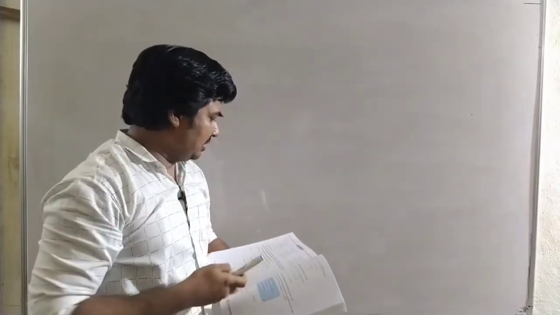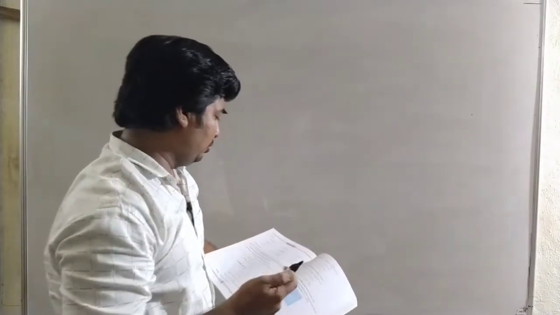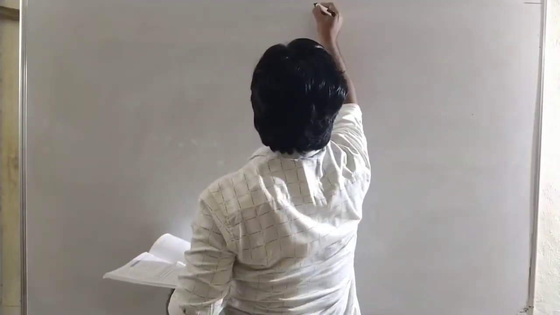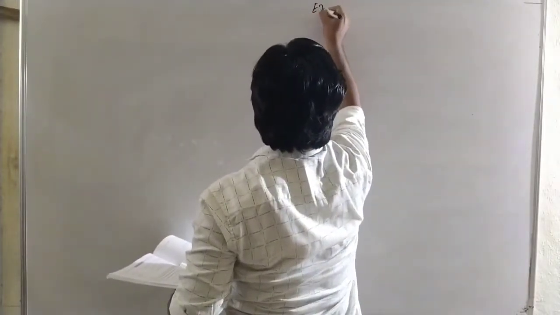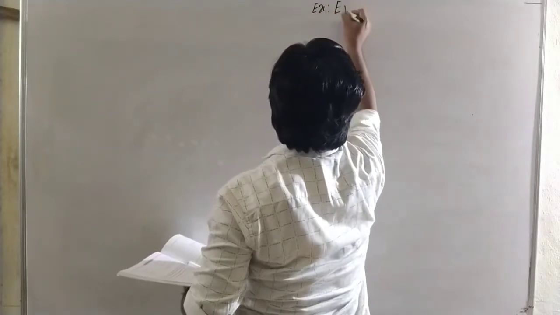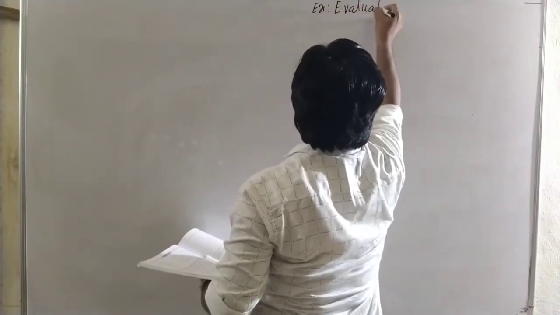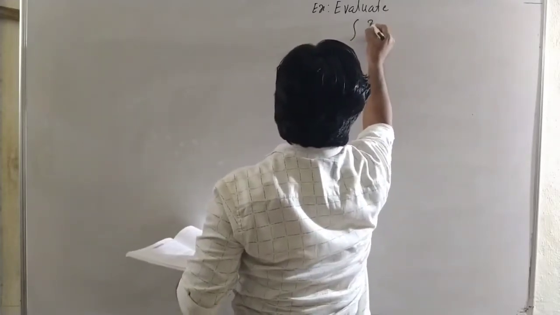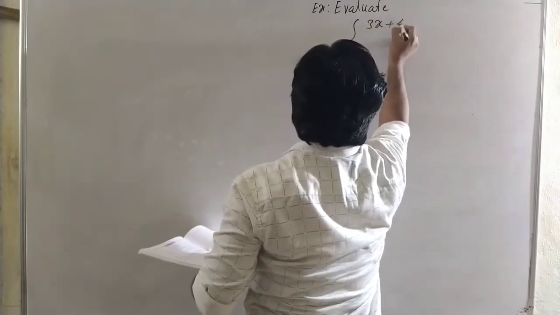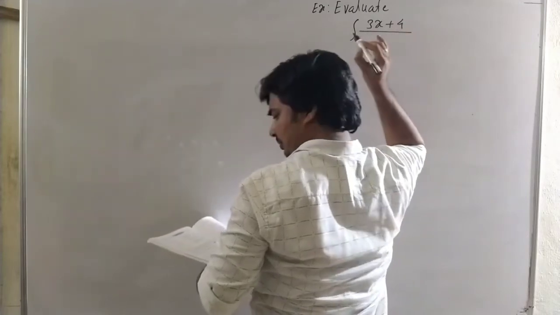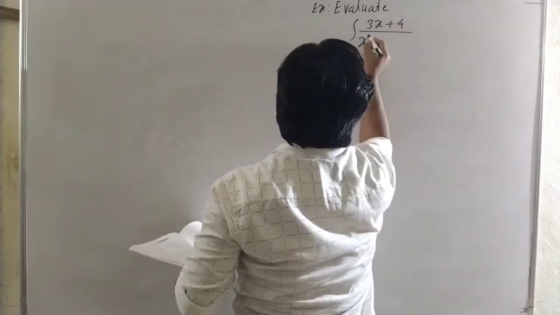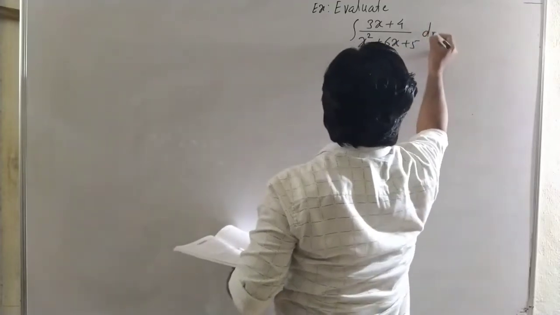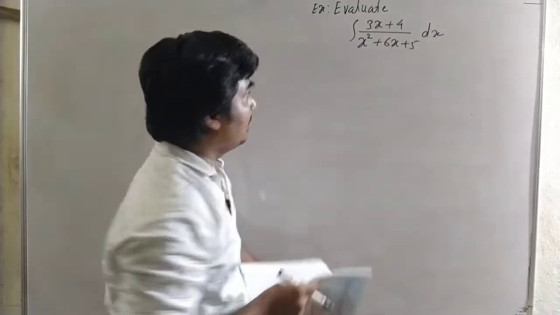Here are examples in exercise 3.2c. Example: evaluate the integral of 3x plus 4 upon x square plus 6x plus 5 dx.